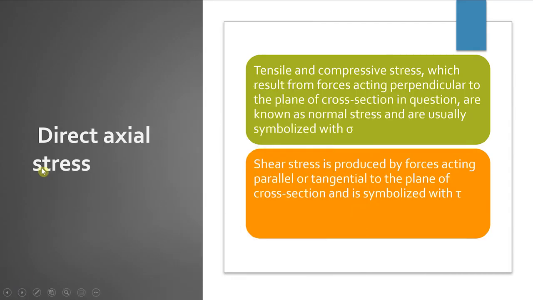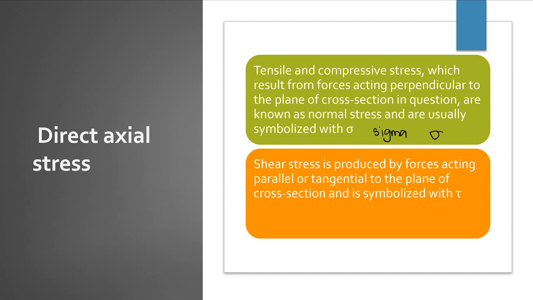Direct axial stress, tensile and compressive stress, which result from force acting perpendicular to the plane of cross-section in question, are known as normal stress, usually symbolized with sigma. The symbol is like this, sigma.